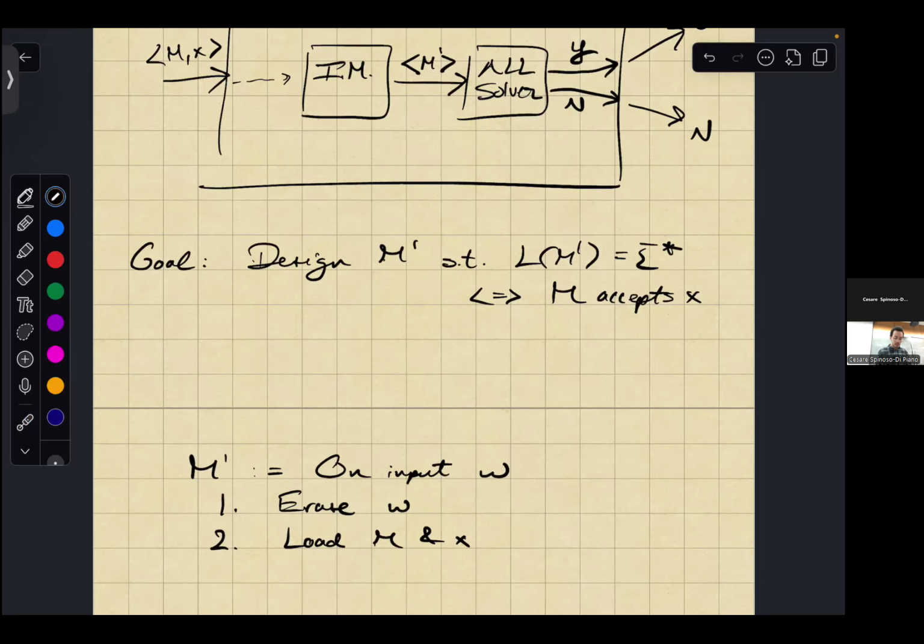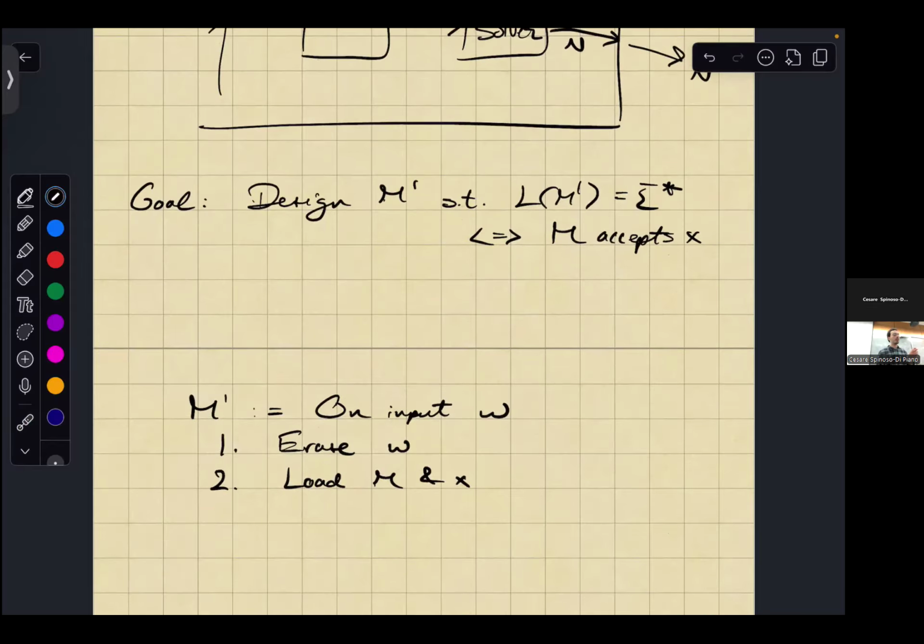Then what the instance modifier is going to write in terms of the procedure for M prime is it's going to tell M prime to run M on X, just as it normally would have without this other stuff.